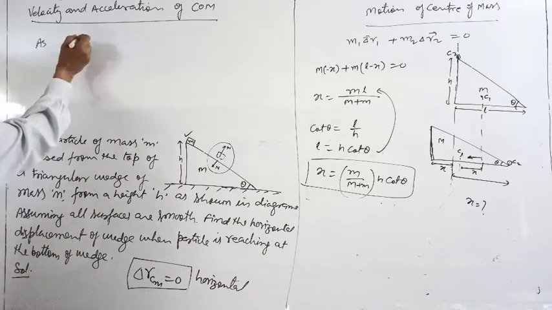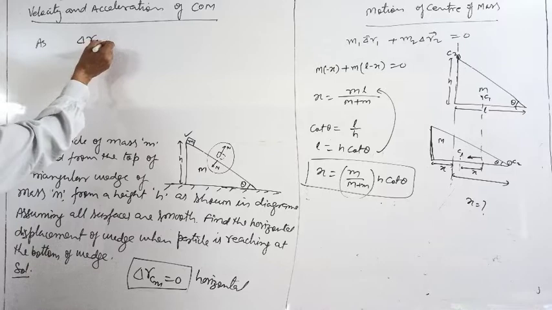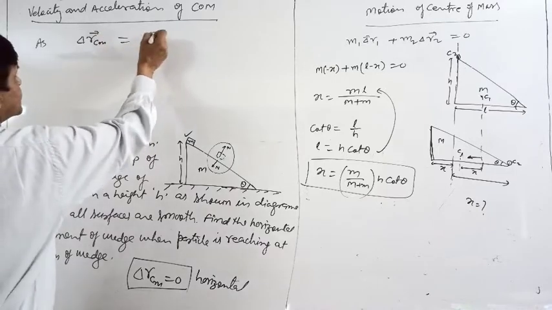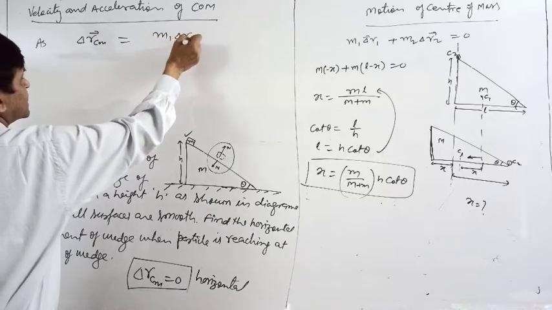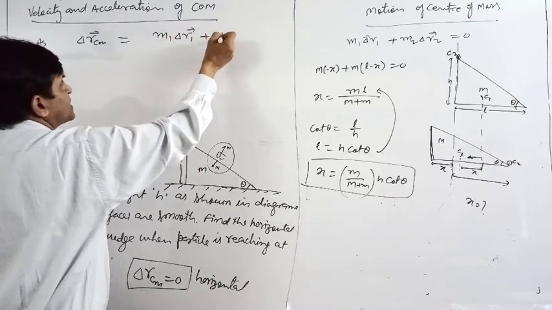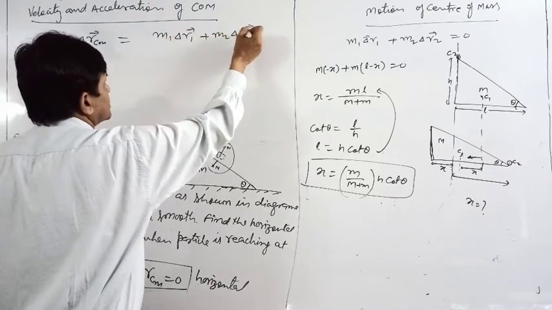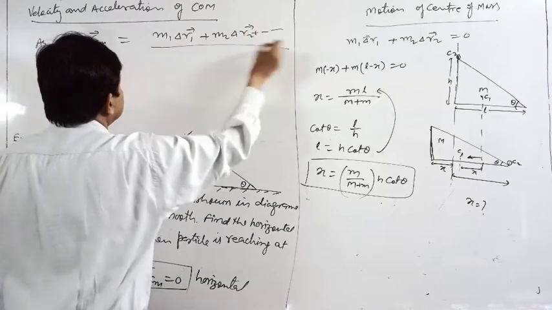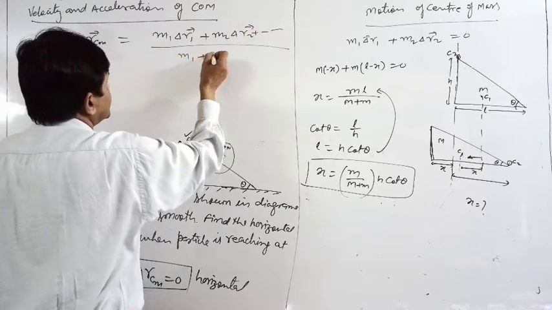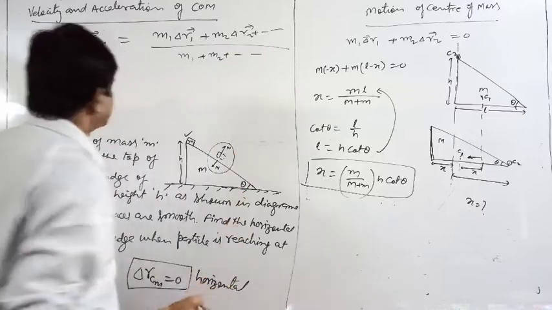As we know, the change in position of center of mass is given as m1 delta r1 plus m2 delta r2 and so on, by m1 plus m2. Likewise we can write.